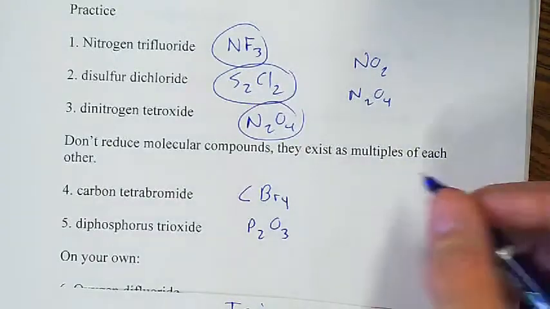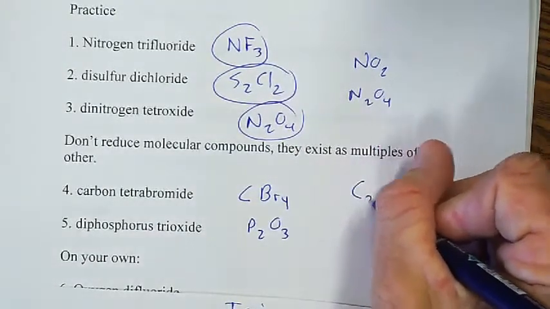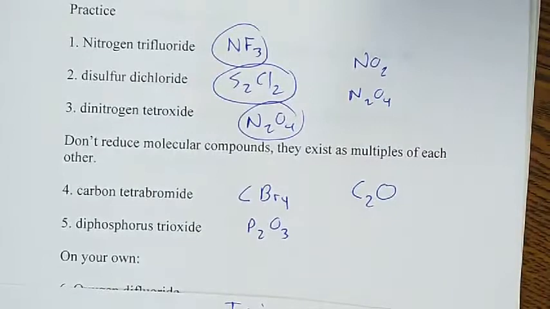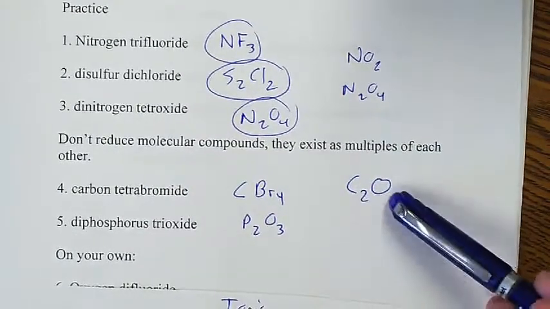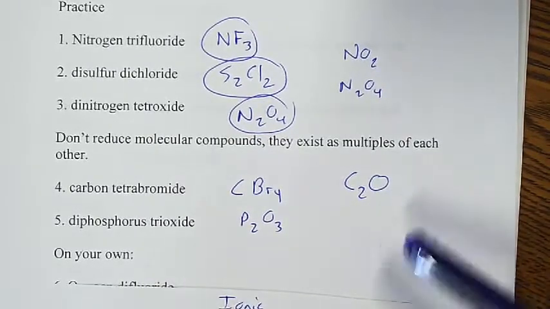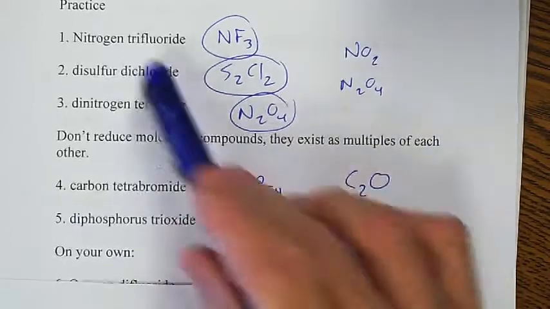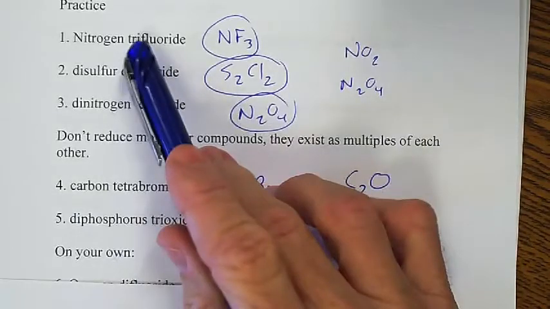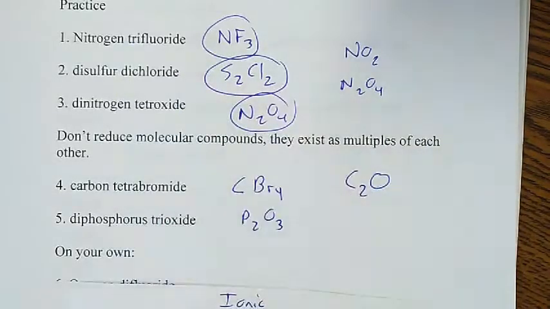But if there's one of the second element, I want to point this out, then you need to use mono in the name. So that would be dicarbon monoxide, because there's one of the second element. You might be asking, why haven't we used mono for this? When it's the first element and there's only one, you don't have to use it.